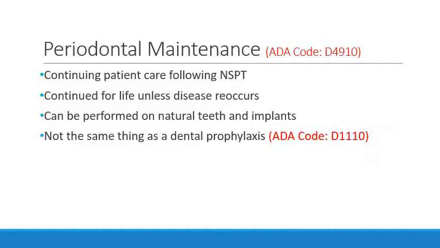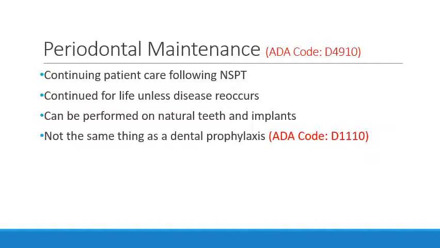Today we're talking about perio maintenance. It's the continuing care after you complete non-surgical periodontal therapy. So you've completed SRP on a patient, and periodontal maintenance is after you ideally have done your 4 to 6 week reevaluation appointment, okay?